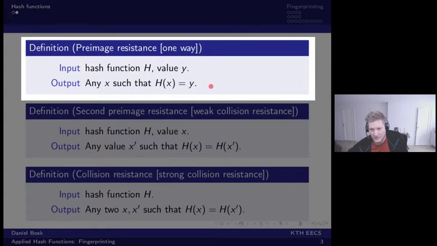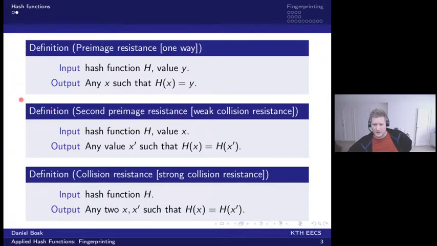So we get a hash function, we get an output from a hash function, and the problem we need to solve to break pre-image resistance is to find an x such that this equation holds. So if this is very hard to do, then we say that the function H is pre-image resistant.